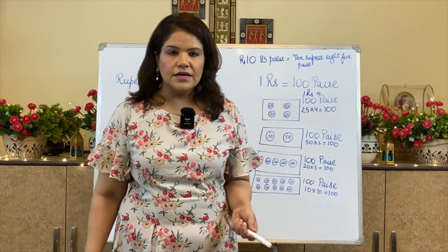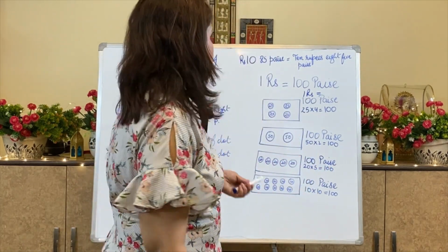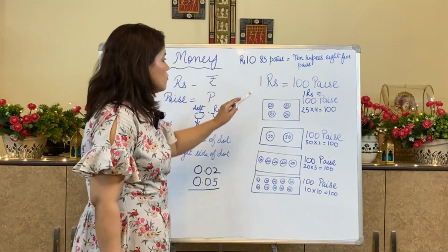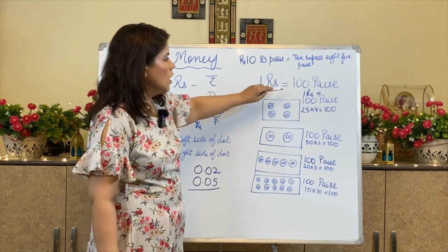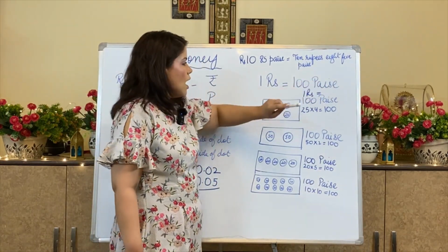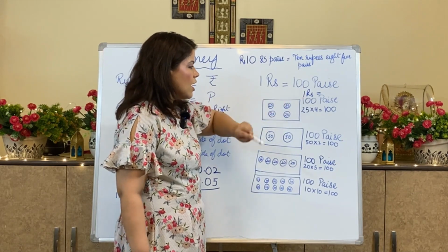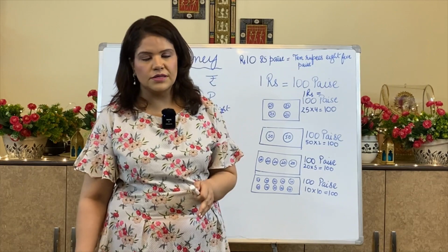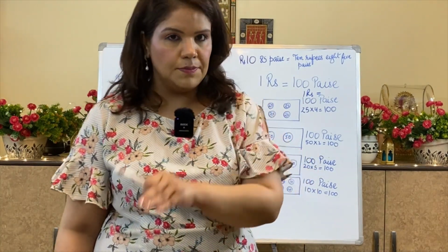Next I have taken how to convert rupees into paise. 1 rupee is equal to 100 paise. And if I have to take 25 paisas, how many 25 paisas should I take to get 100 paisas?